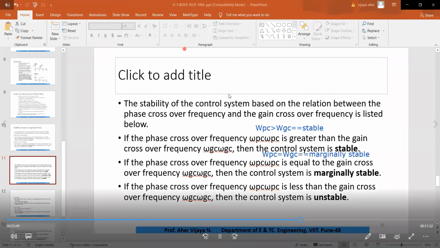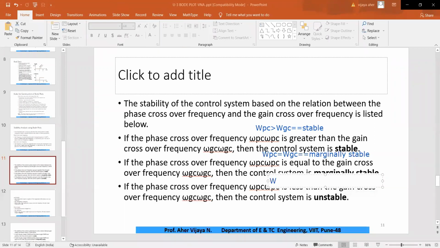So third condition you are going to remember, that is nothing but omega PC less than omega GC. At that time the system is unstable. Okay, so these three conditions you have to remember. Got my point? Just remember these three conditions related to stability.